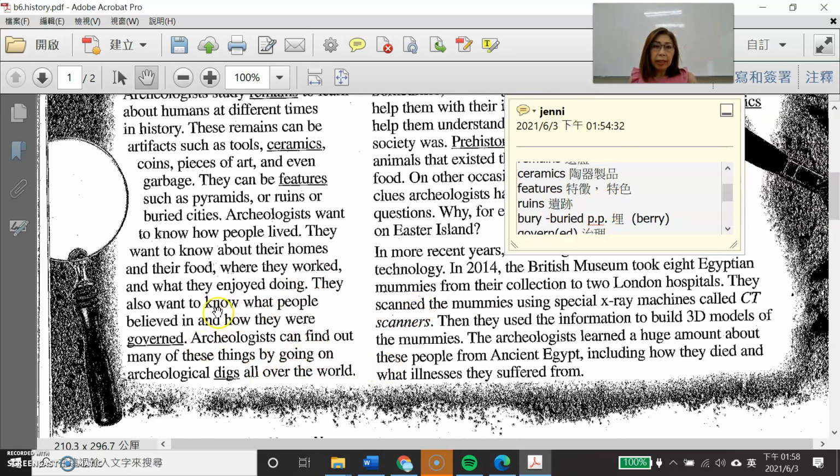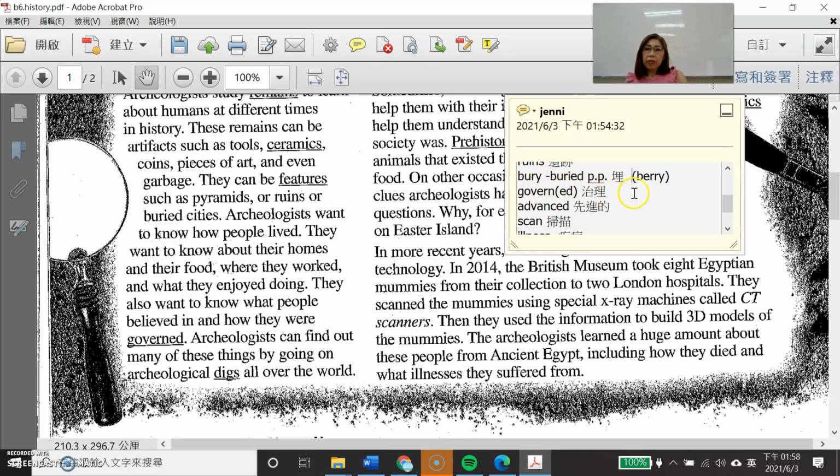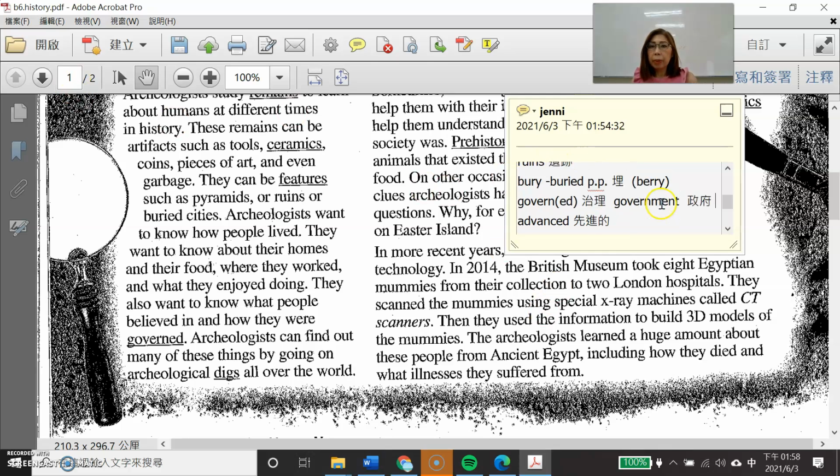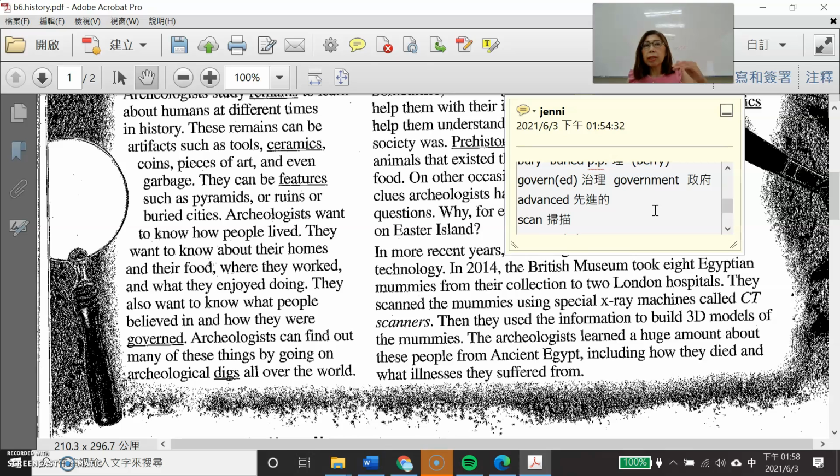Now, okay. So they also want to know what people believe in, how they were governed. 所以我们来看一下 governed 治理 govern。我记得我们以前有学这个字啊，government，这个是叫做政府。So 你很多人每天在看新闻, we want to see what our government does for us.